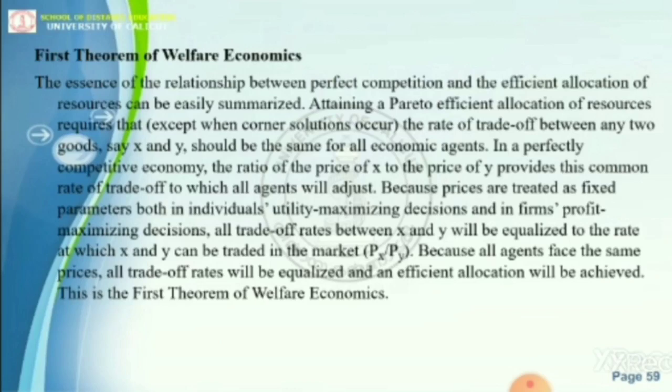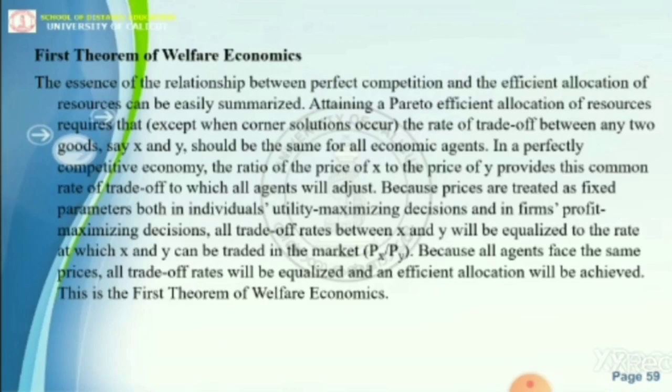So the first theorem of welfare economics says that in any Pareto efficient allocation of resources, there is a rate of trade-off between any two goods. That is, we can take two goods as x and y, and between those two goods there is a trade-off. This trade-off should be the same for all economic agents. So in a perfectly competitive economy, there will be a price ratio. We can take the price ratio of x and y. What is the price ratio of x and y?